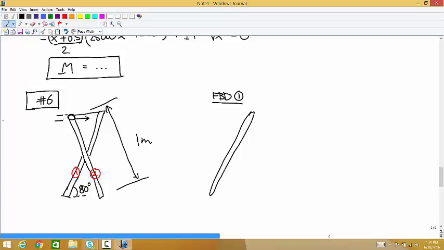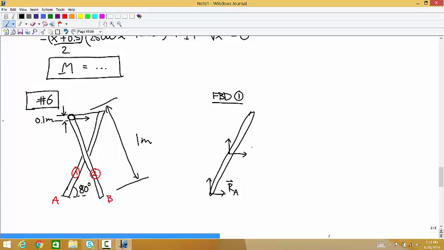Okay, so let's say the diameter is 0.1. And let's call this A and this B. So on member 1, there's a reaction RA.